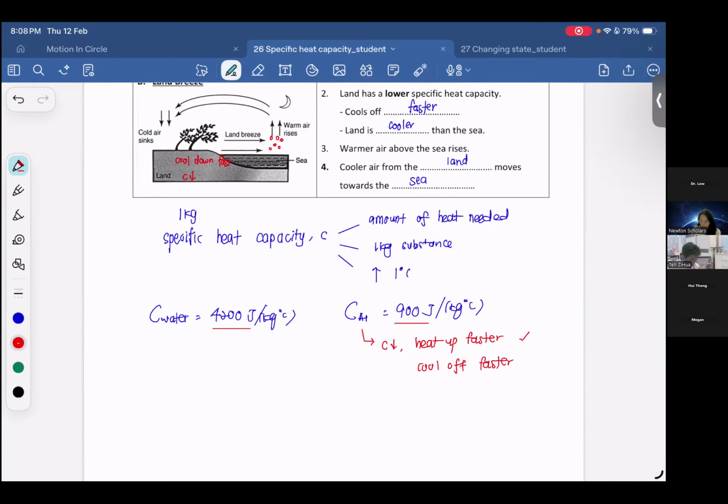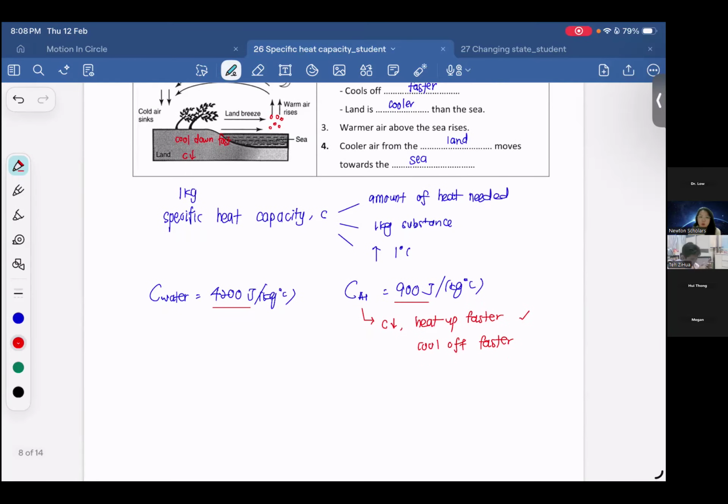Then for water, 4,200 joule. To increase 1 kg by 1 degree Celsius, you need to absorb 4,200 joule, and you are only able to increase 1 degree Celsius. So for water, the specific heat capacity is quite high. It will heat up slow and cool off slow.